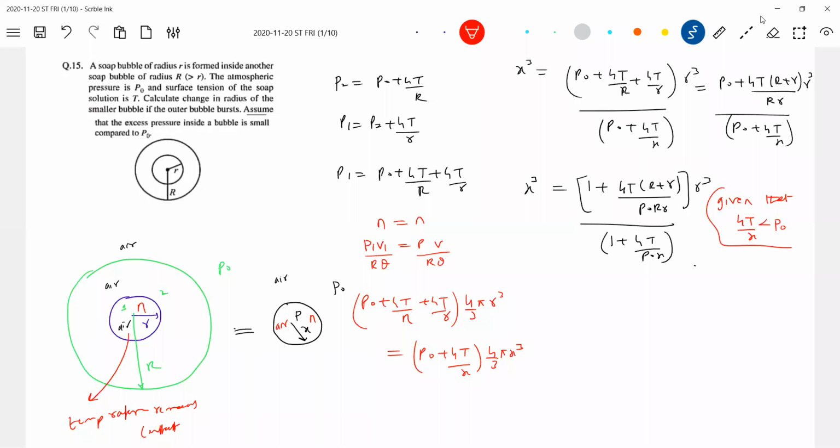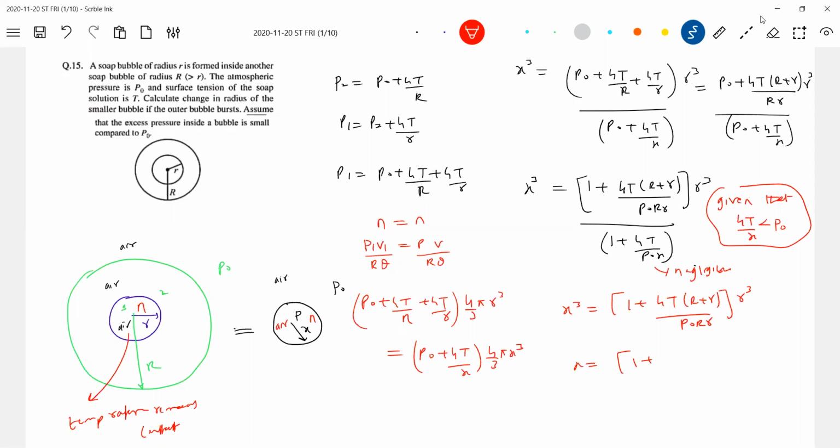It's a given thing, so definitely this quantity will become negligible. So based on that, we end up with only X cube is equal to r cube times 1 plus 4T by P naught into 1 over capital R plus 1 over small r.